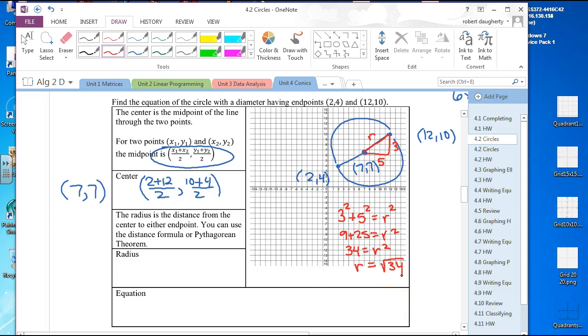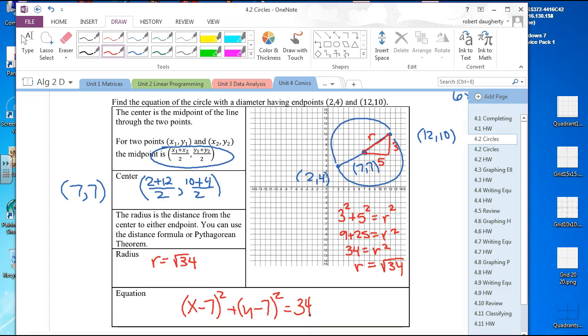So the radius is the square root of 34. So my equation is (x minus 7) squared, that's the center, plus (y minus 7) squared equals, what's the square of the square root of 34? That's just 34. And that is the equation of the circle.